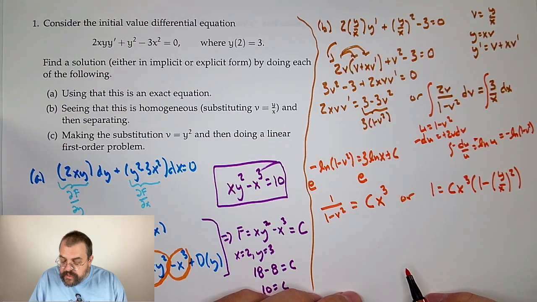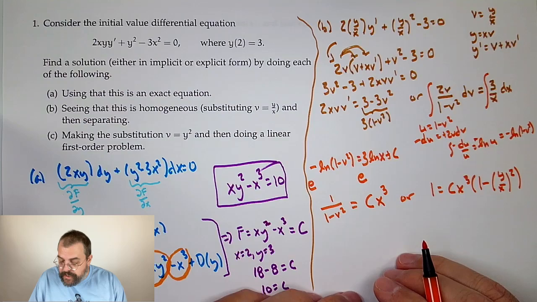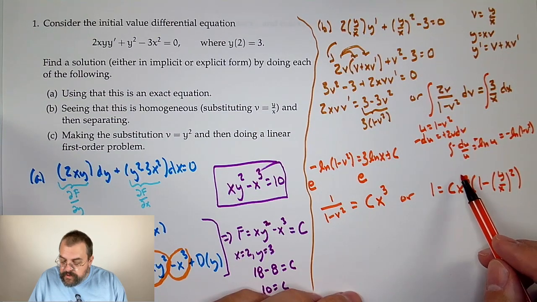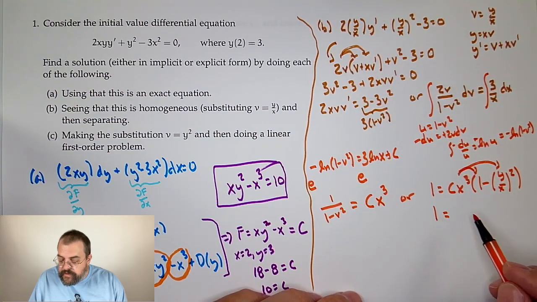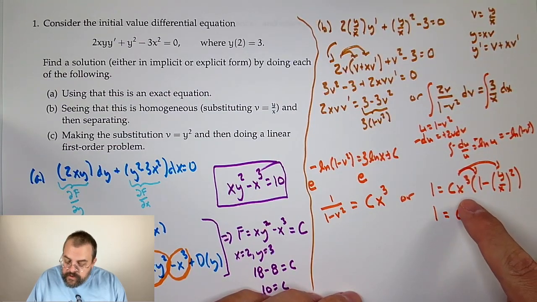Well, let's clean it up a little bit. How can we clean it up? Well, one way we can clean it up is multiply through. So we'll get 1 is equal to some constant x cubed. And now, notice what happens here.